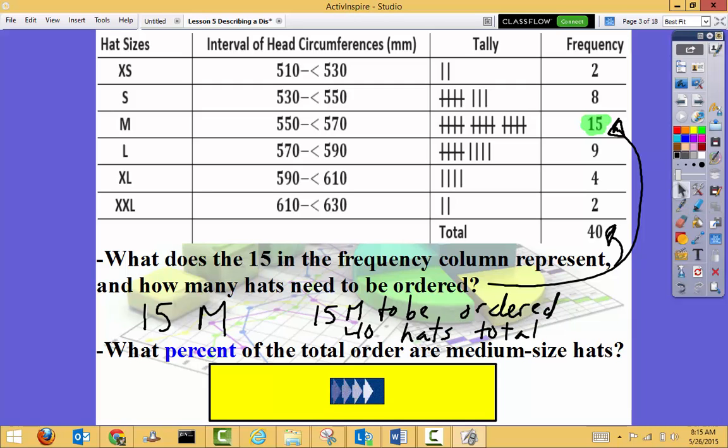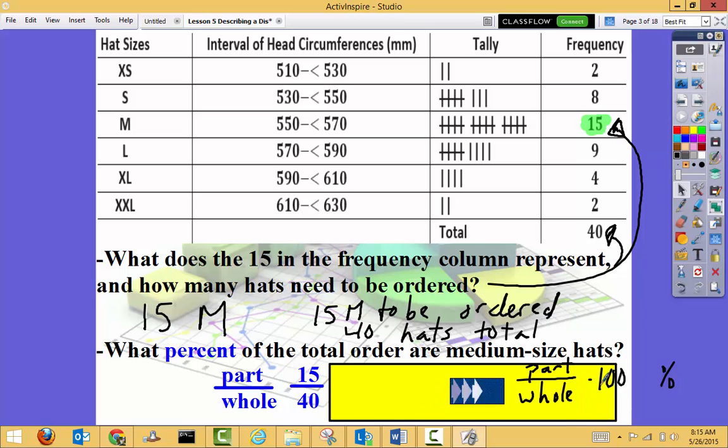Okay, now here's my next part. What percent of the total order are medium-sized hats? Remember, percent is part over whole times 100, and then I add the percent sign. So part over whole is 15 over 40.